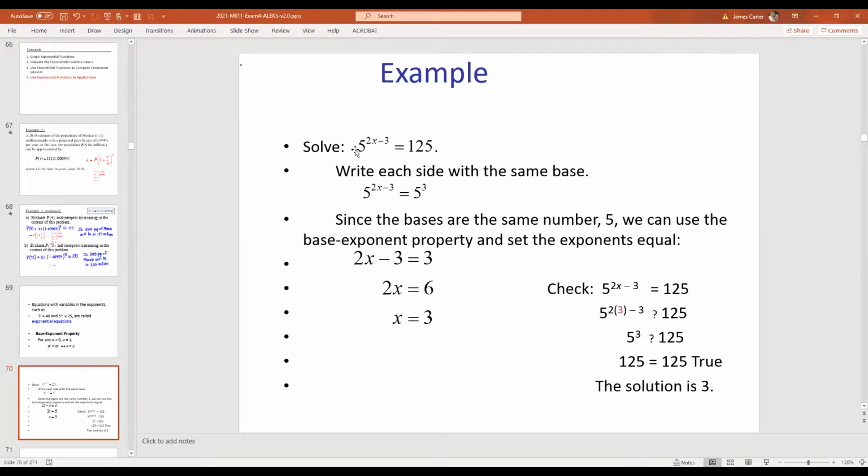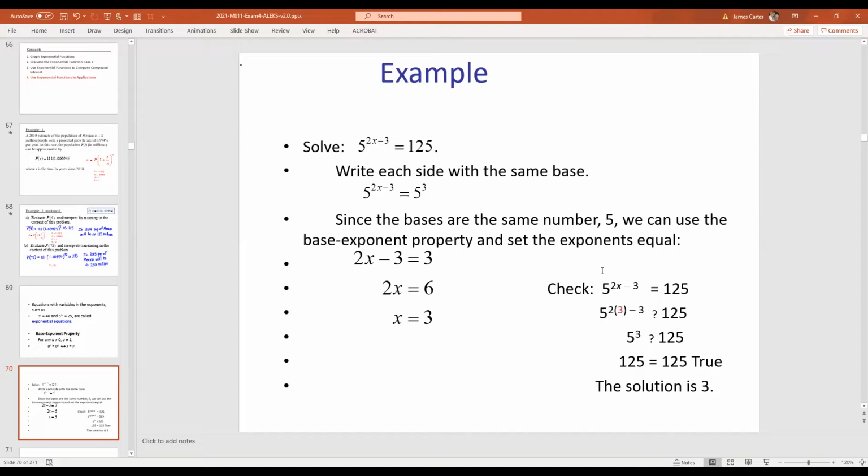But 5 is one of the powers of 125. 125 is 5 to the third. So we can rewrite this 125 as 5 to the third. Now we have the same base. That gives us the equation 2x minus 3 equals 3. Take the 3 to the other side, divide both sides by 2, and we get x equals 3.